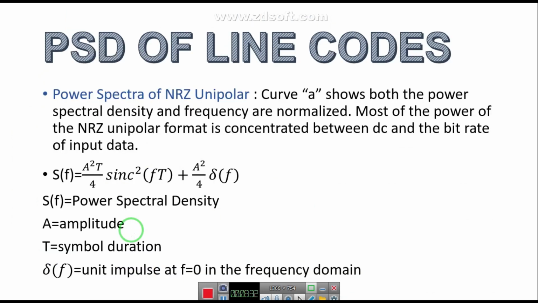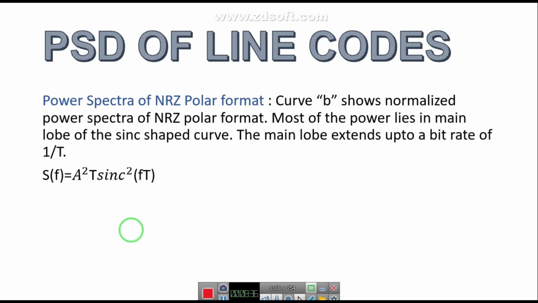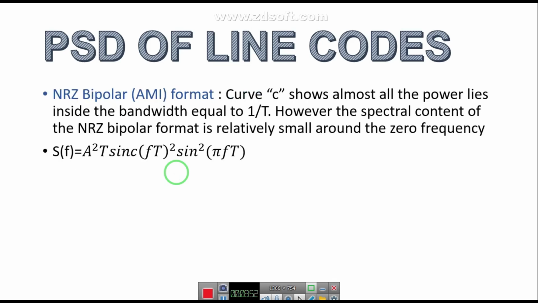Now similarly, this is the power spectra of NRZ unipolar. Next, the power spectra of NRZ polar format. You can see the equation, that is A square into T sinc square of fT. Most of the power lies in the main lobe of this sinc-shaped curve. Next is your NRZ bipolar, which is also called AMI format.